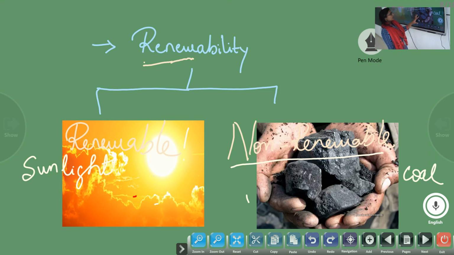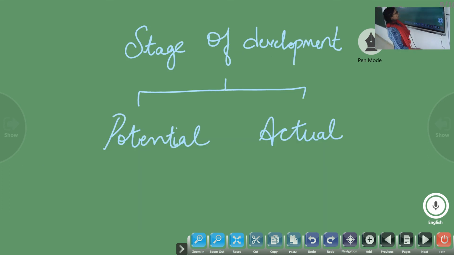So, non-renewable resources are resources which will get exhausted if we continuously use them without preserving. So, one example is coal. So, we understood based on renewability there are two types of resources, that is renewable and non-renewable.